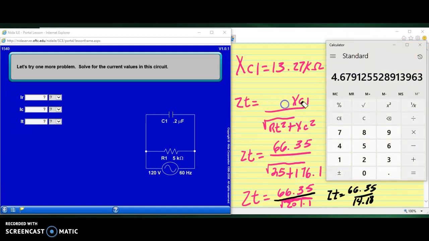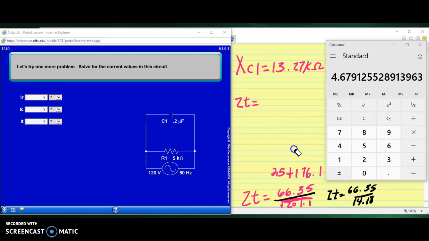Let's get rid of all these things. Sorry, this takes a minute to erase. But let's write it right here and we'll keep it in pink. So ZT is 4.68K. So that is our overall impedance there.